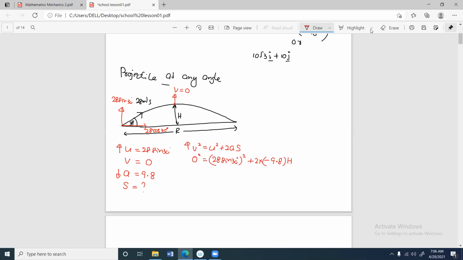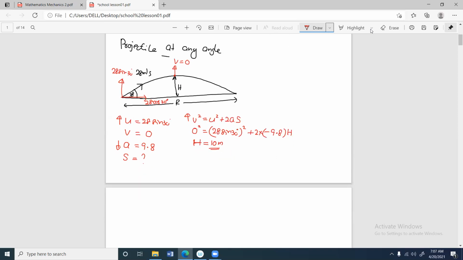If you simplify this, the maximum height h would be 10 meters. That's a fact we need to understand, right? This is the first part of the question.